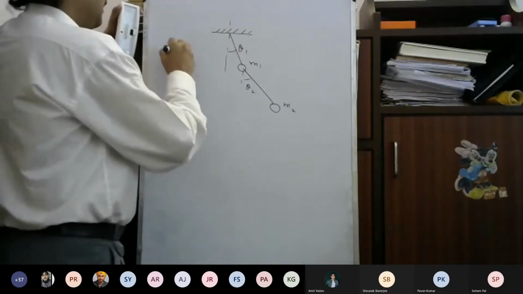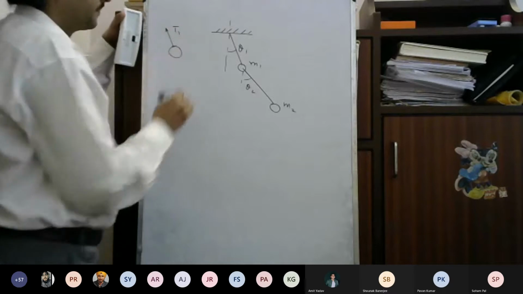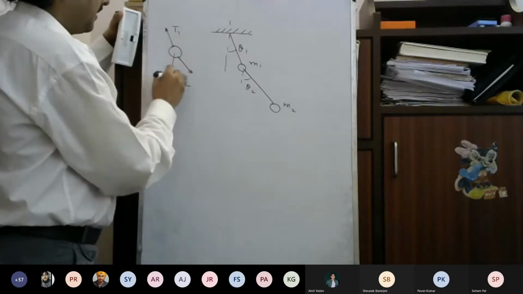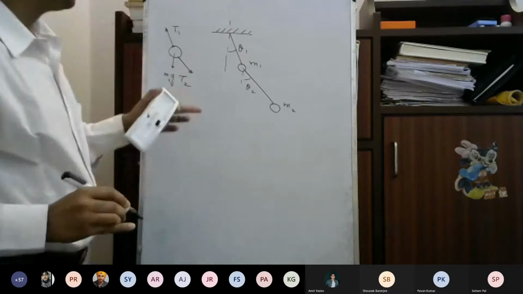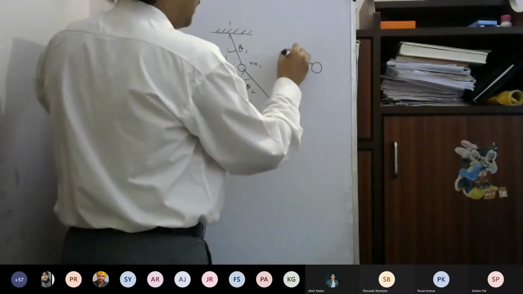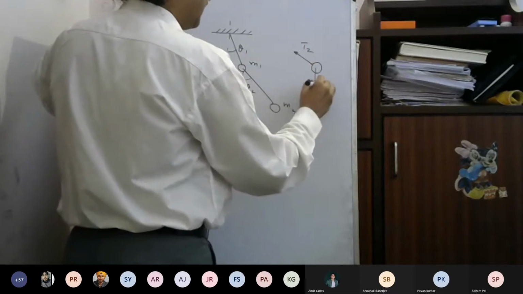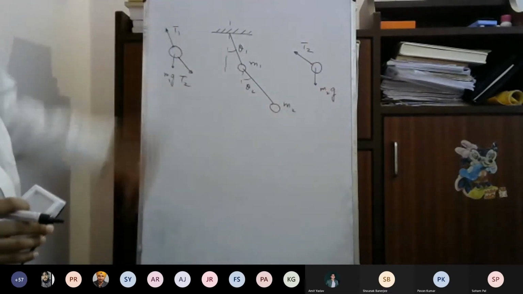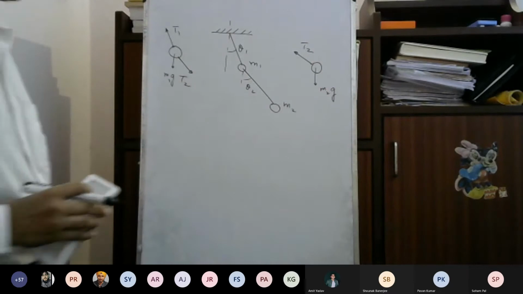Here it will be T1, and this will be T2, with m1 g, and for this particle T2 and m2 g.